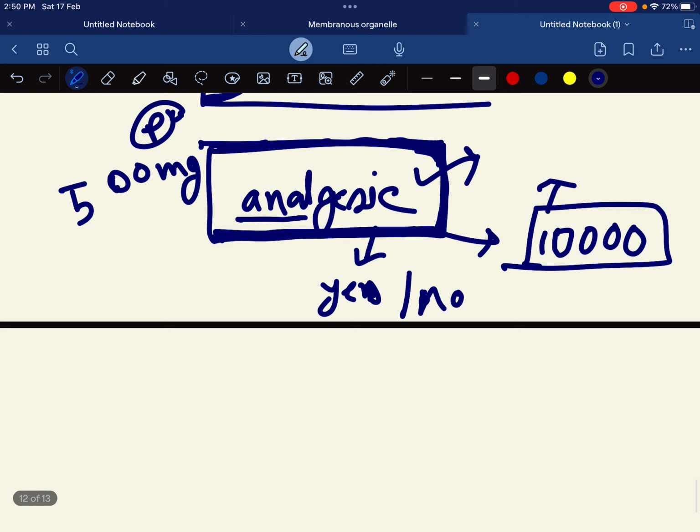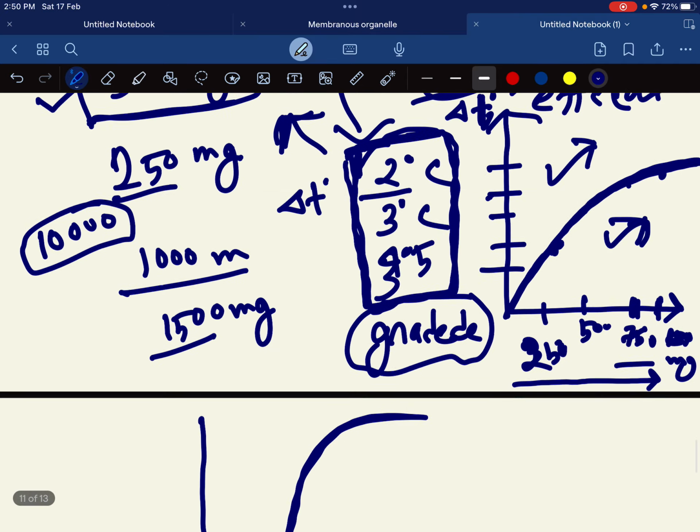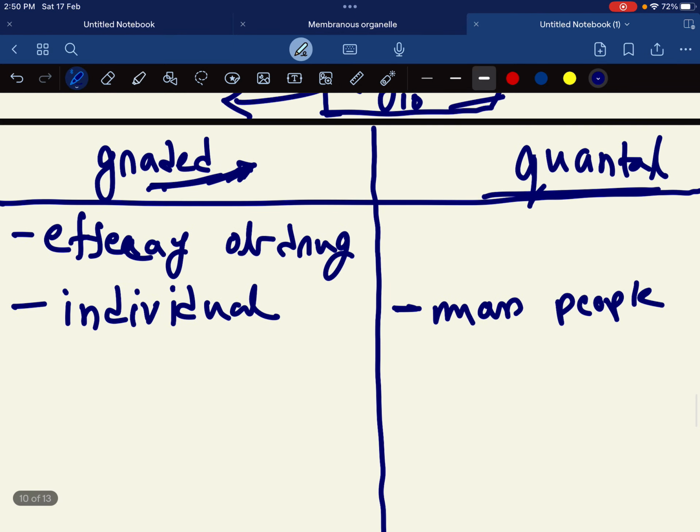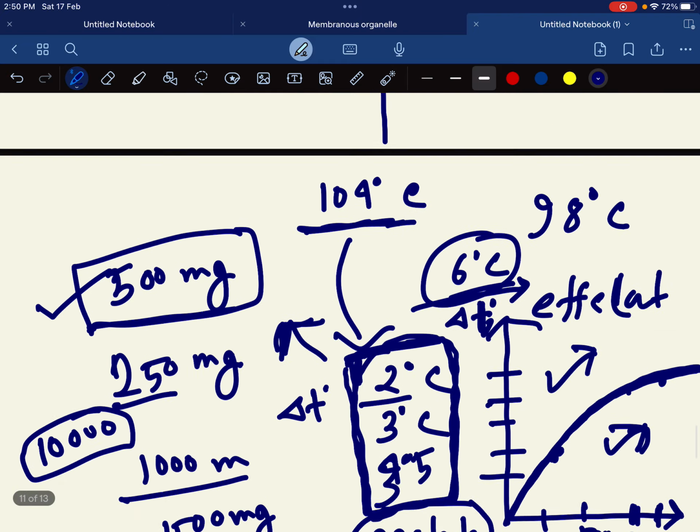That is, for each individual, we will follow the all or none law. Actually, the term quantal is derived from the idea of either/or, yes or no.